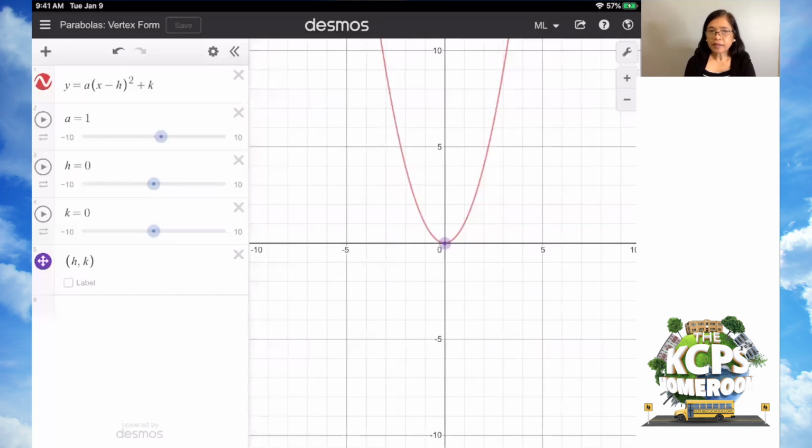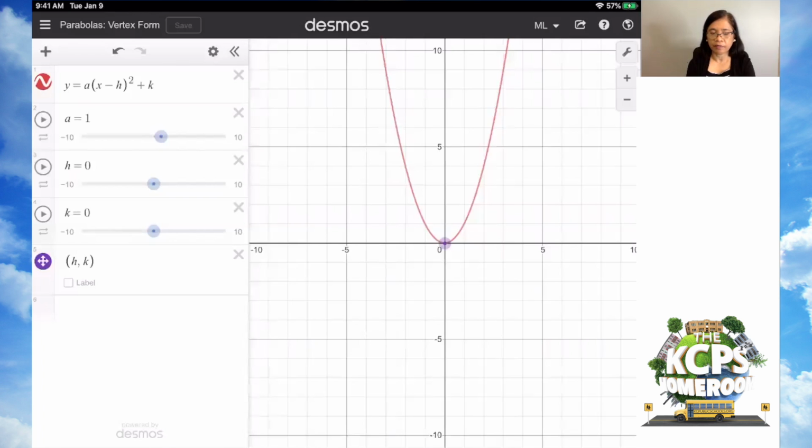So now using the Desmos Calculator, we're going to summarize all these transformations by changing the value of the parameters. Earlier we said the value of a affects the dilation. Either it stretches or shrinks the graph, or it reflects the graph upwards or downwards. So here, I'll just set a equal to 1.